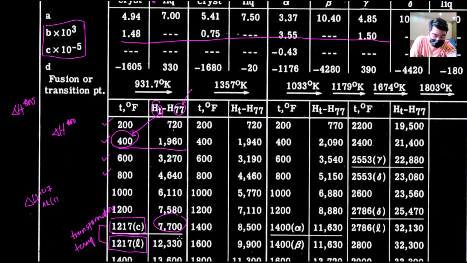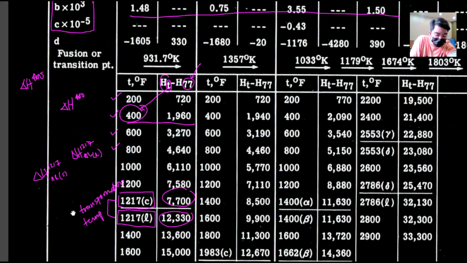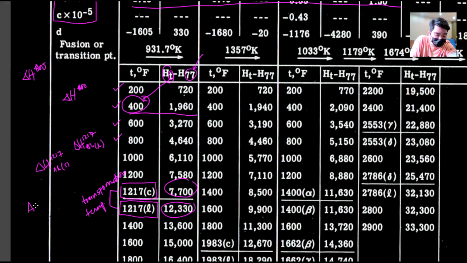Tama? Tapos ito, this is the delta H at 1217 of your aluminum liquid. So if you get the difference between the two of them, then you're actually just taking the delta H of transformation. And in particular, ito ay delta H, and we can write it this way, no? Aluminum solid to aluminum liquid.